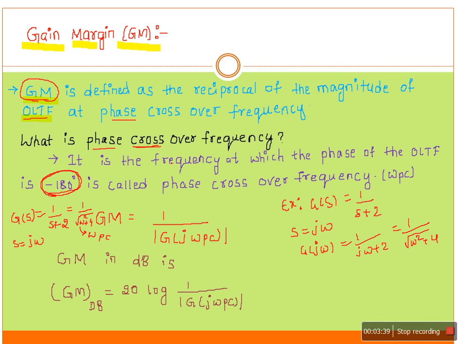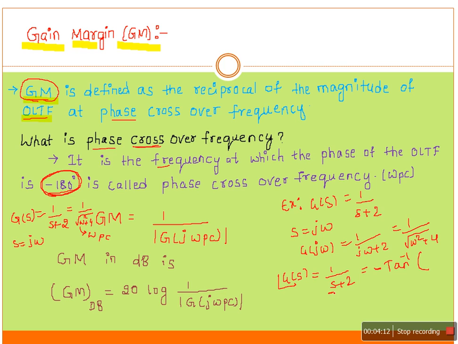The phase crossover frequency is the frequency at which the phase of the open loop transfer function is equal to minus 180 degrees. So I calculate the phase of this open loop transfer function, G(s) equals 1 by s plus 2. Here we have one pole at minus 2. The phase becomes minus tan inverse of imaginary part by real part.